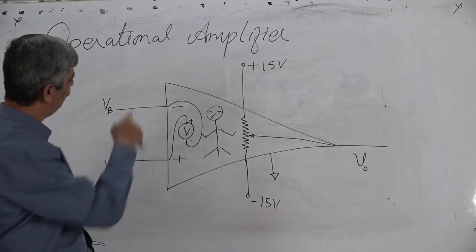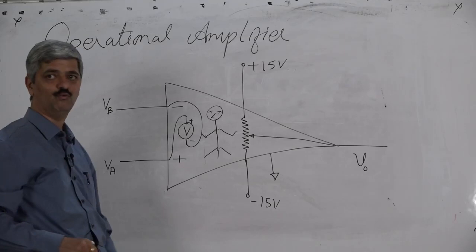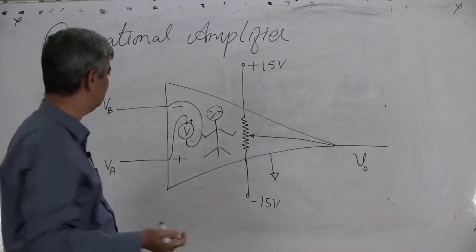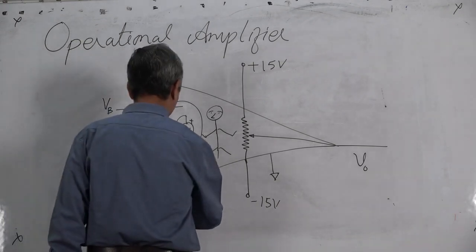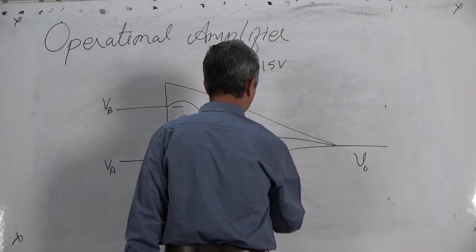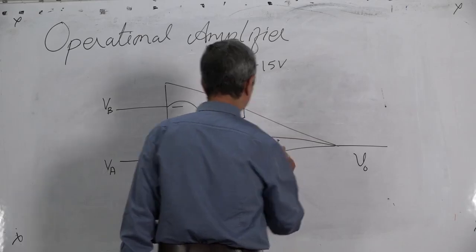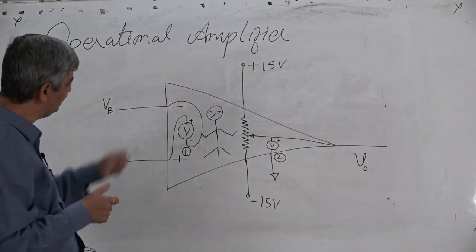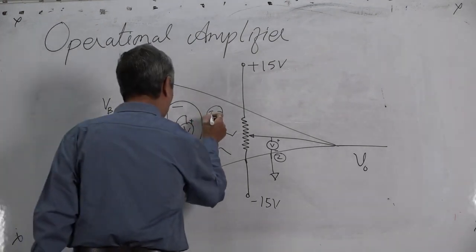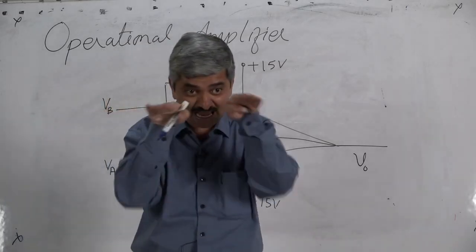So when you look with your eyes at this voltmeter, what do you see? The reading of the voltmeter, this I can call voltmeter 1, and there is one more voltmeter, which I will call voltmeter 2. With both eyes you are supposed to see both things, watching at 2 places simultaneously.